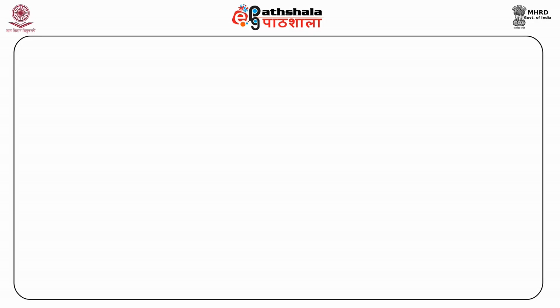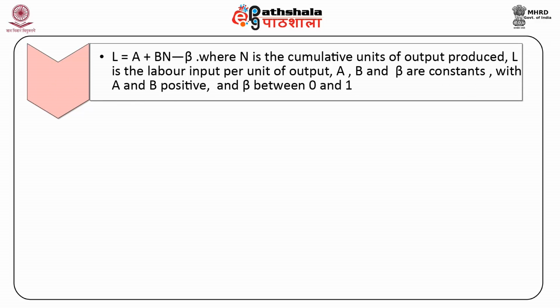Let us discuss the basic feature of the learning curve. The learning curve is based on the relationship L = A + B n^(-β), where n is the cumulative units of output produced, L is the labor input per unit of output, A, B, and β are constants, with A and B positive and β between 0 and 1.